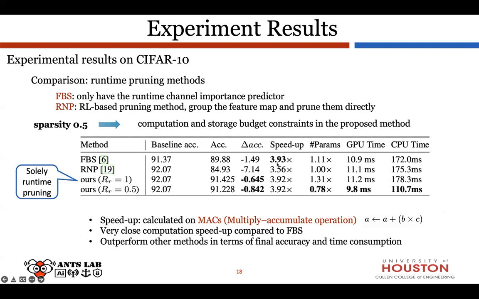And from this figure, we can find that the speed up performance is very similar or comparable to the FBS method. And for all the other metrics, their method performs better. So that's the simulation results they provide. And they also take the experiments on other datasets with other models, and they have similar results. Their accuracy is the highest one.